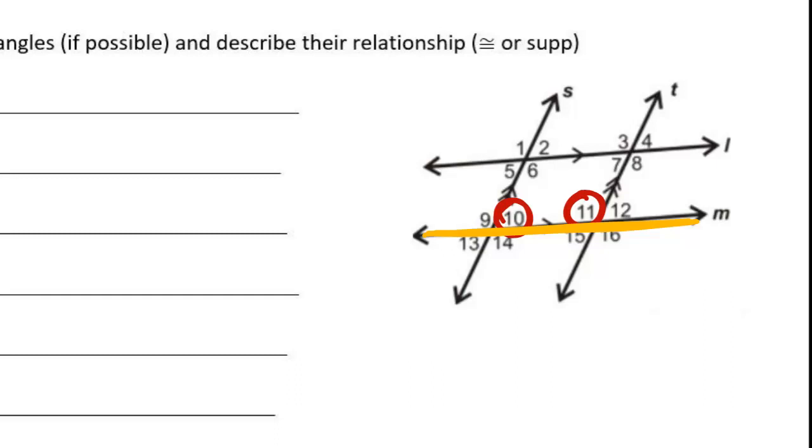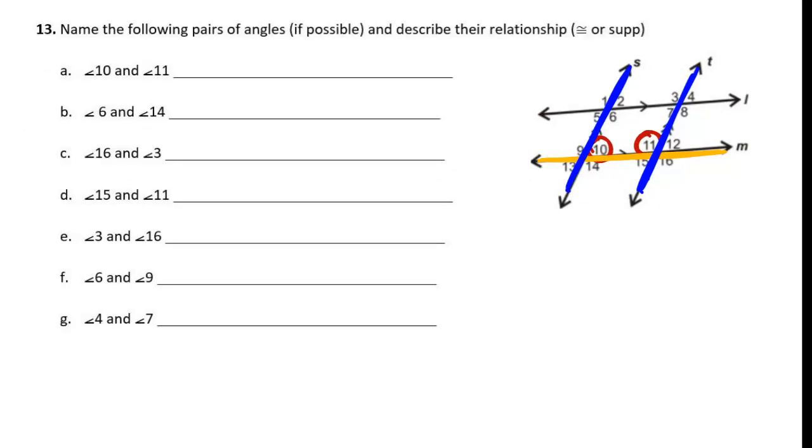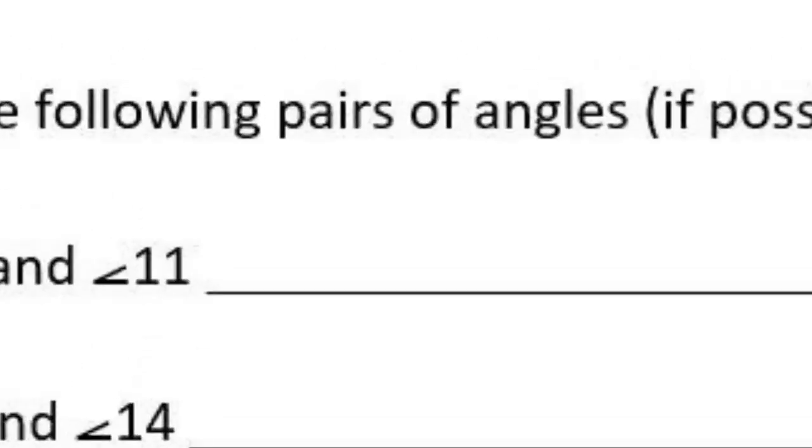Same side. They're both on top of line M. What are the two lines that M is crossing? S and T. Are 10 and 11 interior or exterior to S and T? Interior.